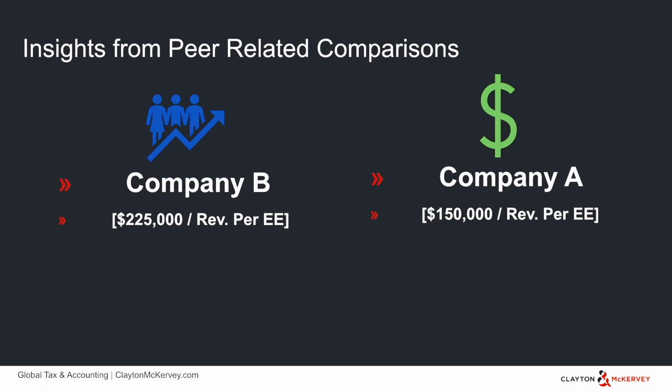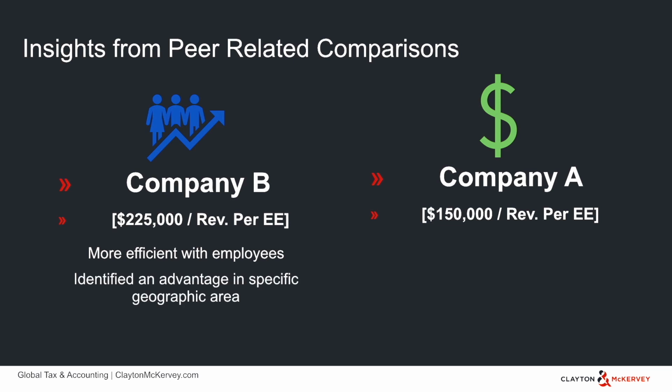So, with our peer-to-peer analysis, we can begin unfolding and examining, for example, is entity B more efficient with its employee base? Or are they able to generate the higher revenue per employee by delivering their services in a specific geographic area that's just paying more for those services?